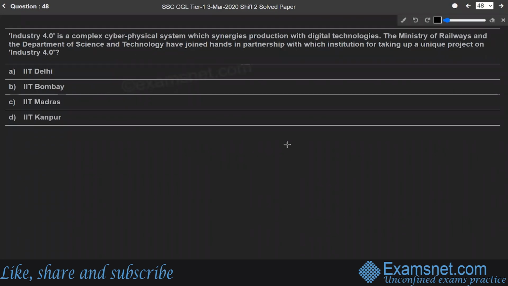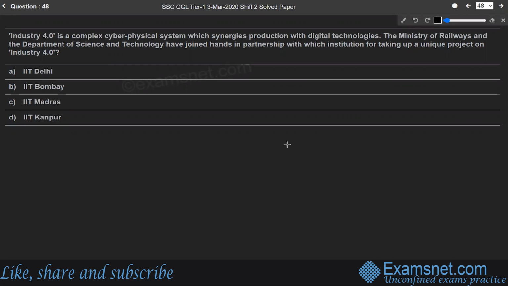Next question is, Industry 4.0 is a complex cyber physical system which synergizes production with digital technologies. The Ministry of Railways and the Department of Science and Technology have joined hands in partnership with which institute for taking up a unique project on Industry 4.0? So, do you know anything about Industry 4.0?